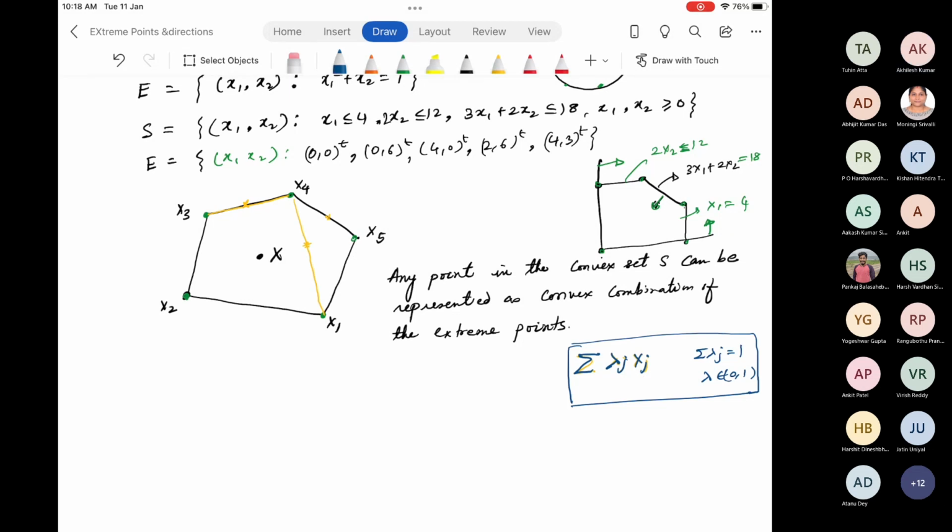Now, if I want to show x is a convex combination, I can easily write it as x equals lambda 1 x1 plus lambda 2 x2 plus lambda 3 x3 plus lambda 4 x4 plus lambda 5 x5. The only issue is to know what these lambdas are, right? So as Akshat was going with, I will draw a line and see how you can do this.